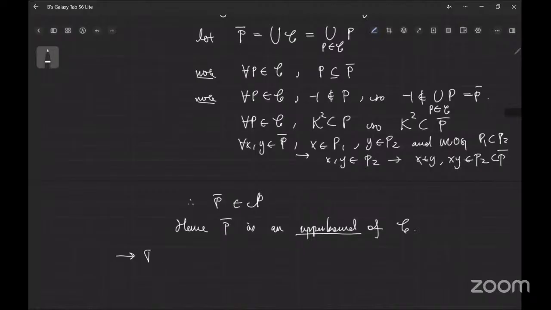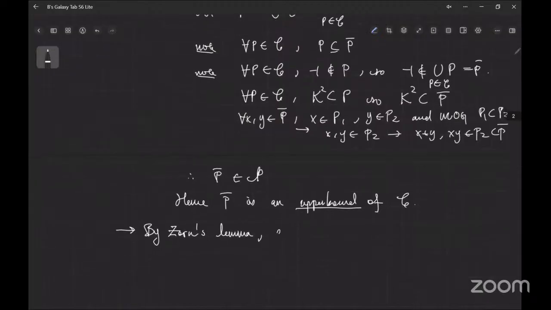Therefore, by Zorn's lemma, some maximal element exists. A maximal element P in our collection exists. Okay.